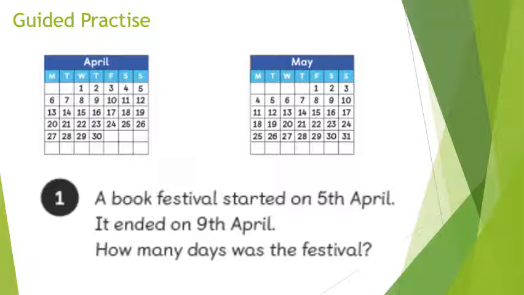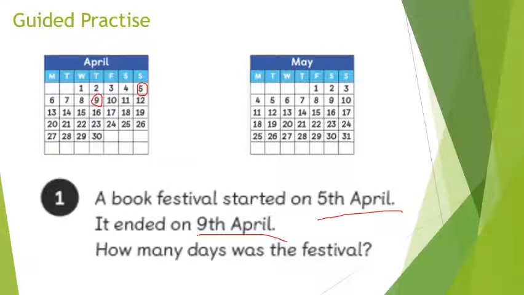So I haven't given you a star to think about it this time, and I also won't be boiling a kettle today. So if we have a look on here, we've got the 5th of April as our starting date and the 9th of April as the end. So I'm going to circle the 5th and I'm going to circle the 9th.